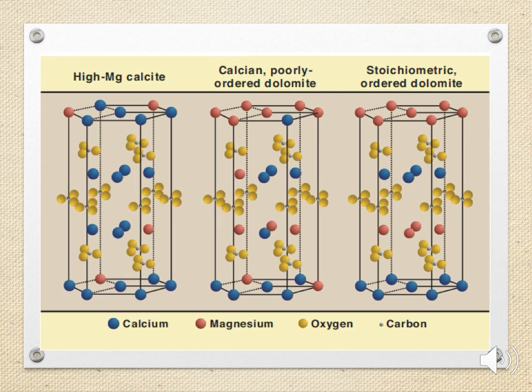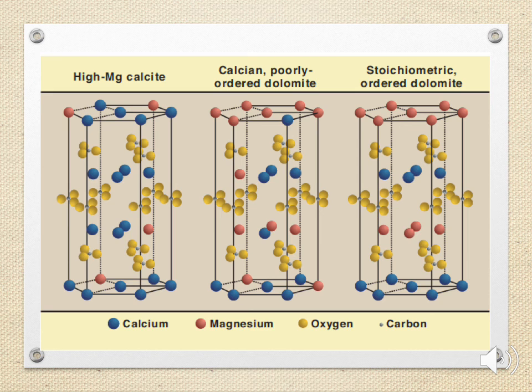So let's look at the crystal lattice and the arrangement of ions that make up a high magnesium calcite, then a poorly ordered dolomite in the middle, and finally stoichiometric or fully ordered dolomite towards the end. The calcium is the blue, the magnesium is the red, and you can see that they're similar size based on where they fall on the periodic table.